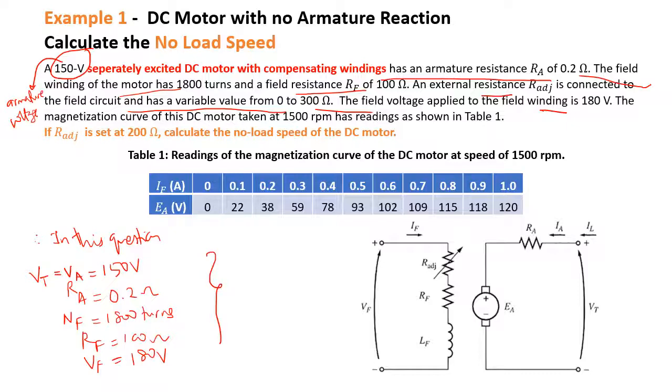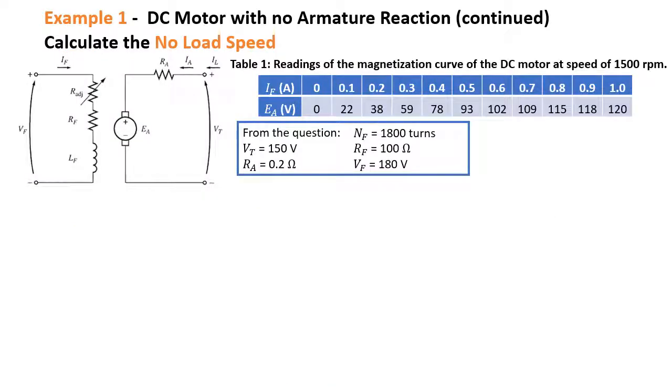So the question asks, if R adjustable is 200 ohms, what is the no load speed of the motor? That's what we're going to find next. I summarize all the information that we've extracted here.